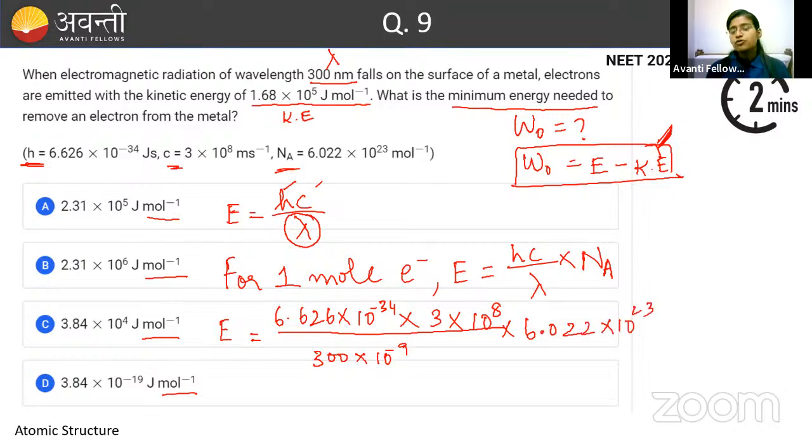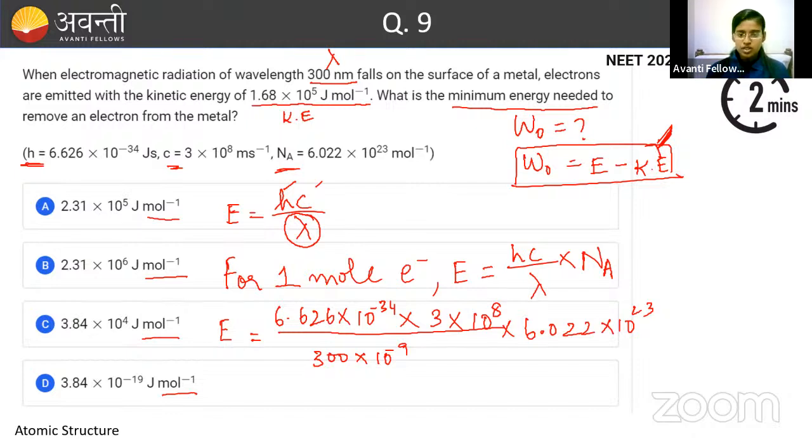Now, if you solve this, you will get one answer. I'll straight away give you that answer here, and you have to multiply and divide, and you should get the answer which I'm giving.